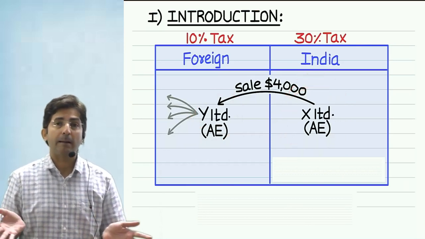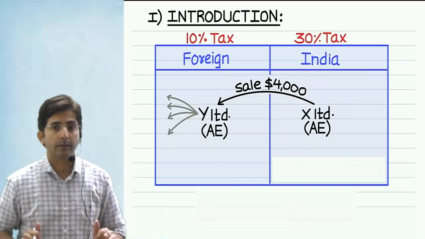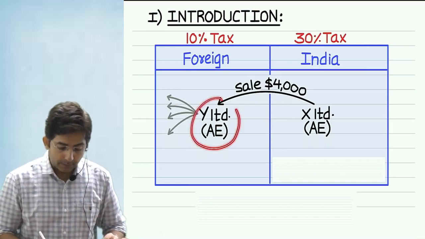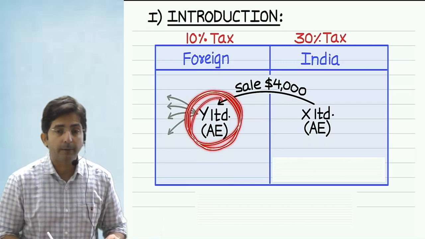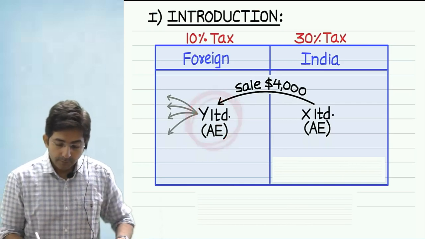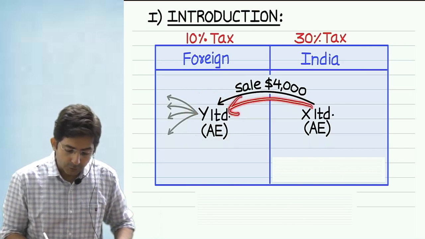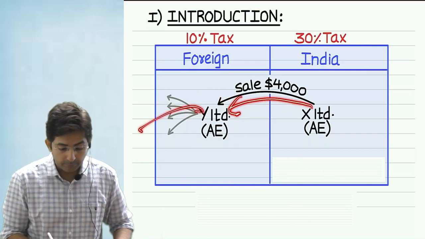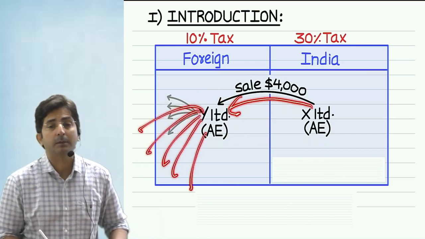It is from the family of X Limited only. Now X Limited will first sell goods to Y Limited, and then Y Limited will further sell to the foreign customers.